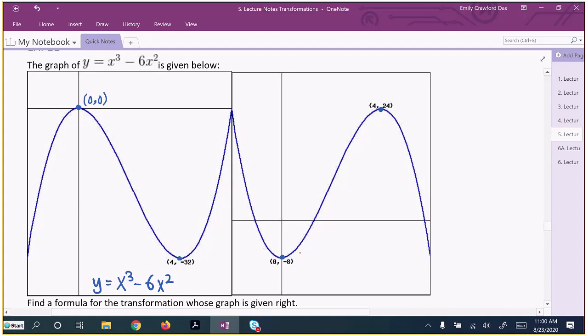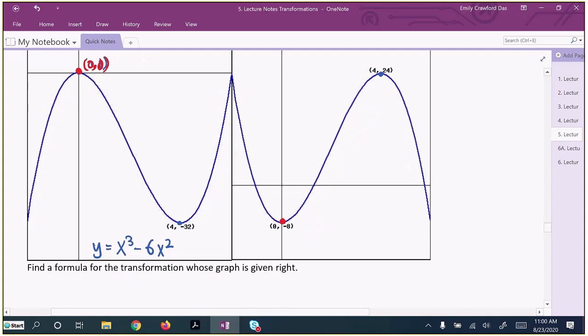This relative maximum has become a relative minimum. Let me use colors to coordinate. So the relative maximum became relative minimum and vice versa. So that tells me, first of all, it looks like I have a reflection across the x-axis. I'm just getting that from looking at the shape.